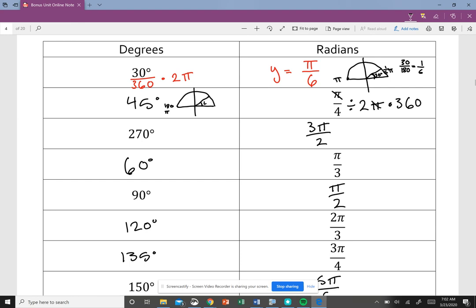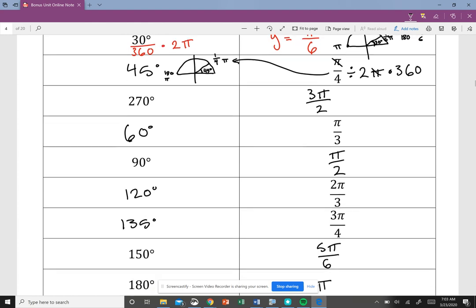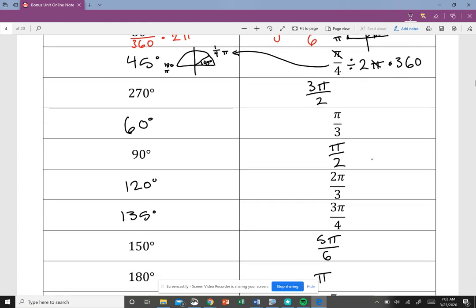Well, if you look at this, this is going to be 1/4 of pi, hence pi/4. If you look down here at 90, here's pi. Well, this is half of that distance, so this would be pi/2. This is 90 degrees, right?